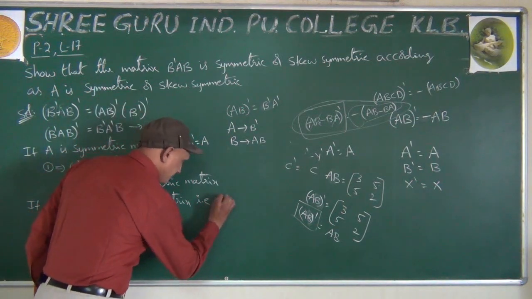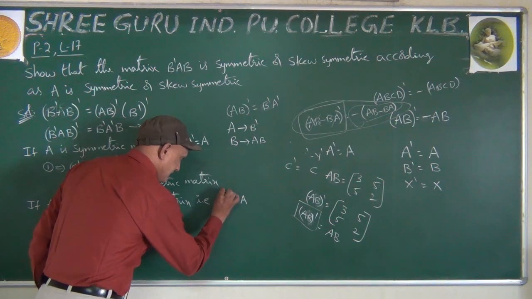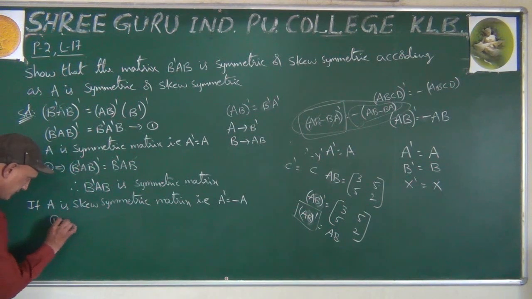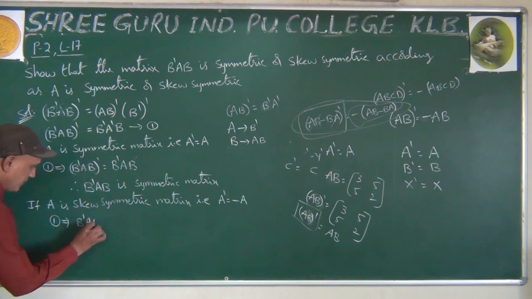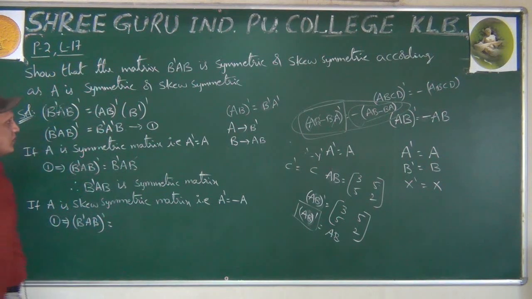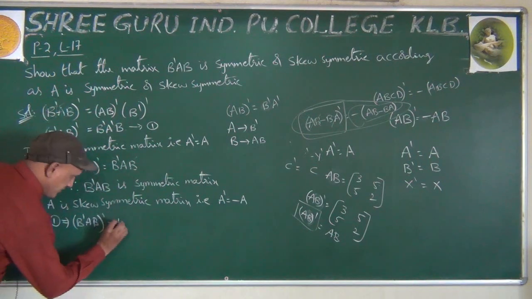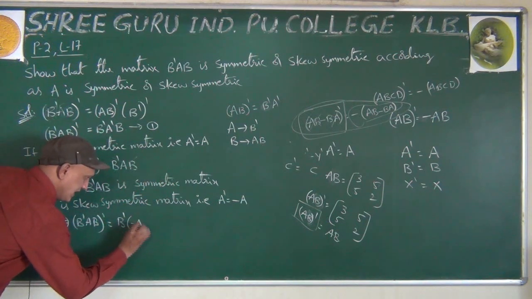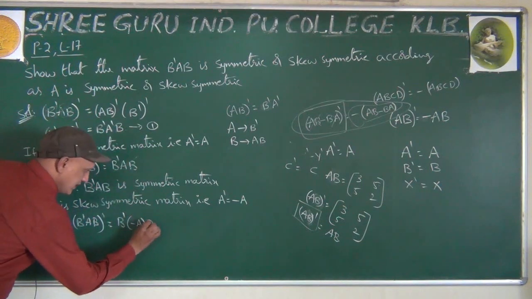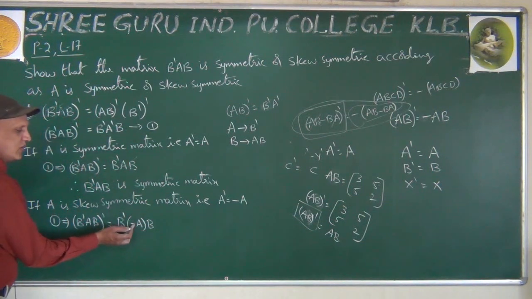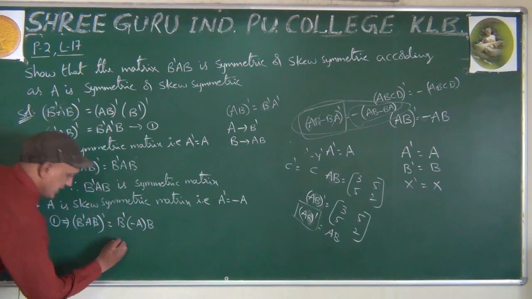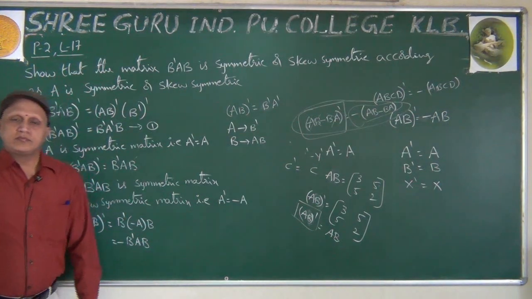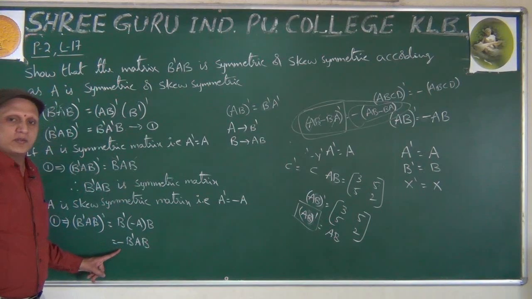that is A dash equal to minus A. So equation 1 becomes B dash AB whole dash equal to B dash A dash, which means minus A, into B. No doubt you can write this minus in the beginning.